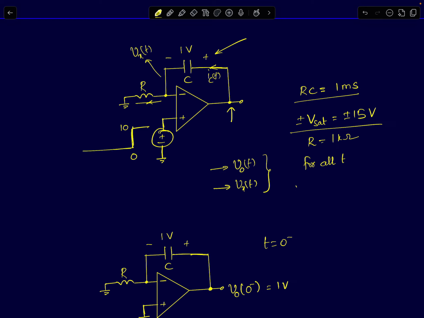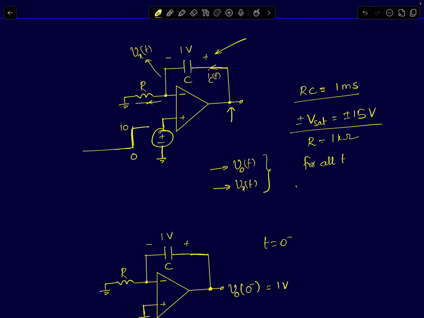Since the circuit has achieved steady state, with no perturbation for a very long time, the capacitor will act like an open circuit, and initially it holds a charge of 1 volt, it's given that. So the capacitor acts like an open circuit with a voltage of 1 volt across it, and there is no DC current flowing through the cap, which means there is no DC current flowing through the resistor, so this node will be at 0 volts.